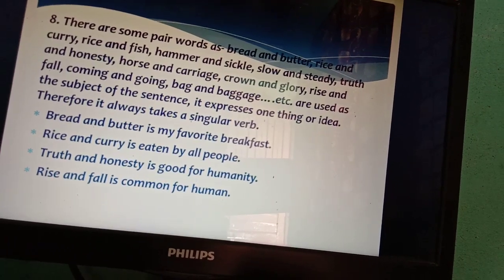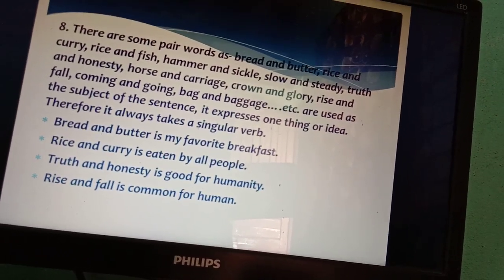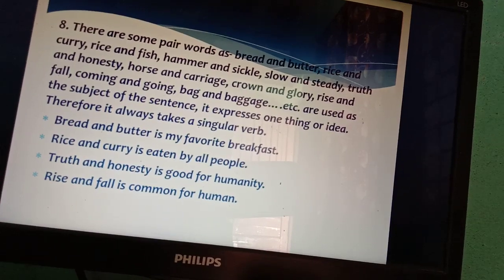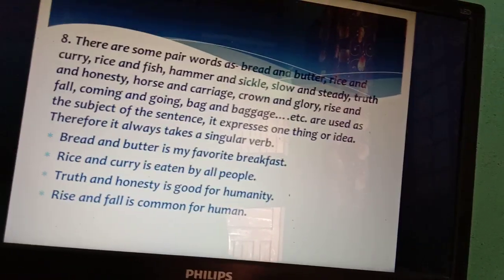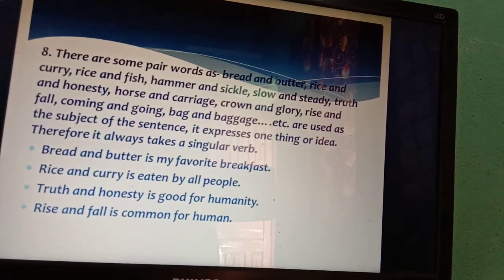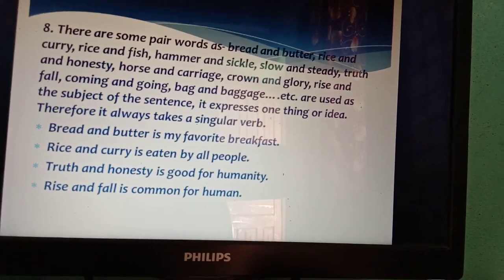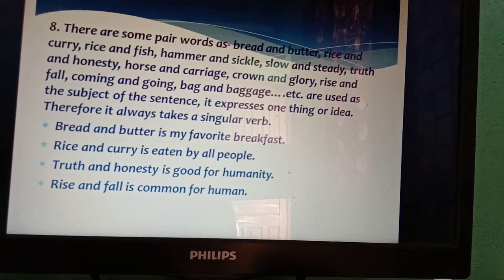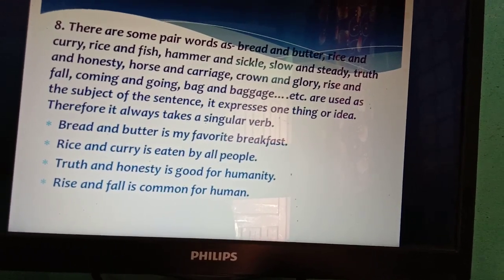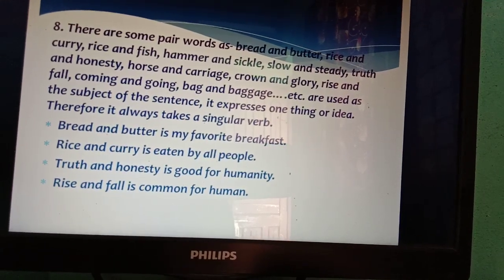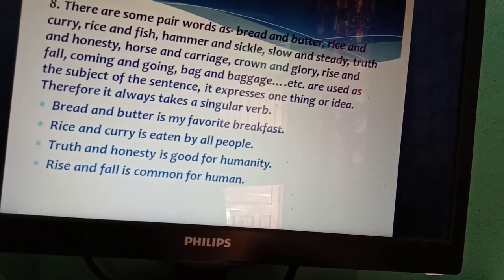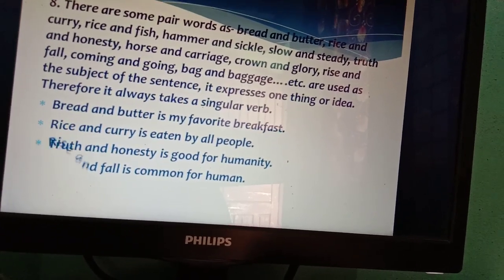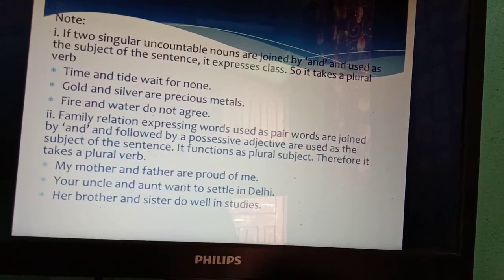It will be wrong, because there is one idea or one thing being expressed. Curry cannot be eaten without rice, and rice cannot be eaten without curry. Actually we can eat them separately, but according to the logical statement, according to the grammatical position, it is false. Truth and honesty is good for humanity. Rise and fall is common for humans. So these are the examples for rule number 8.